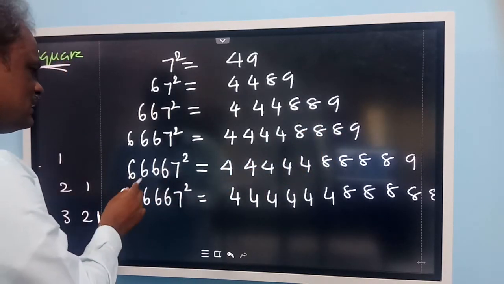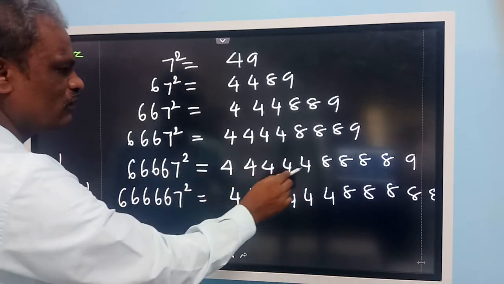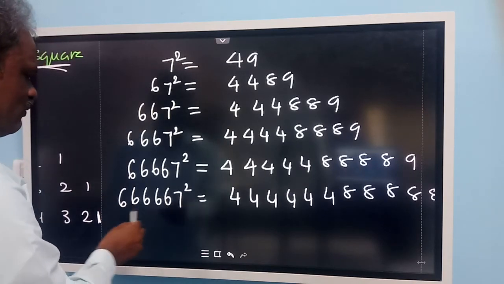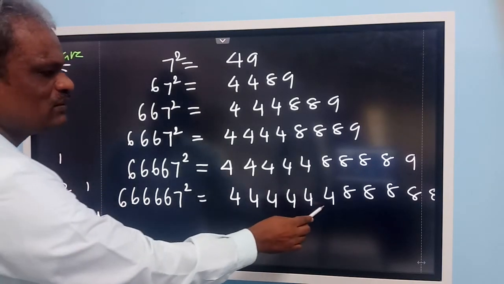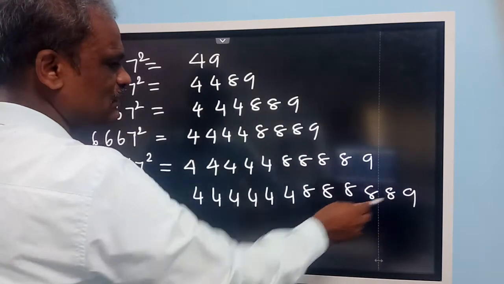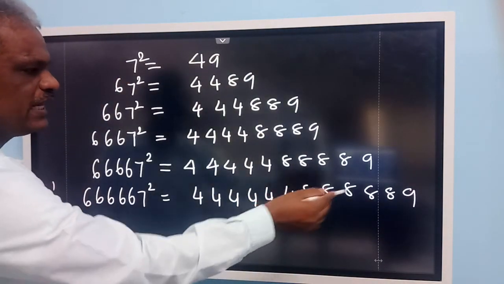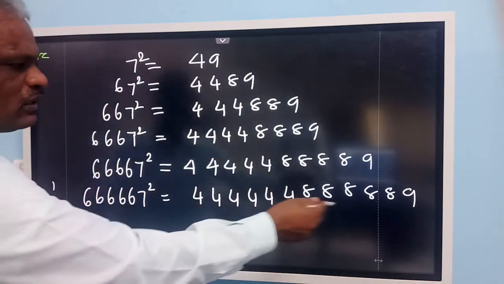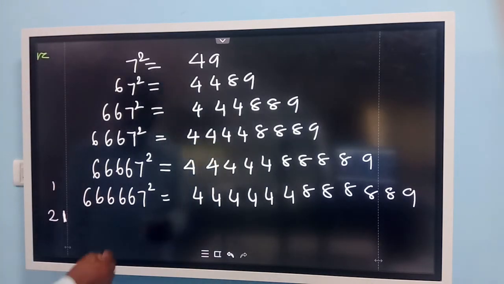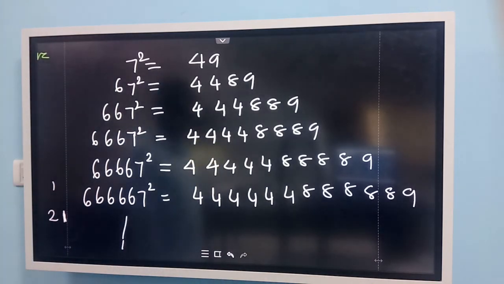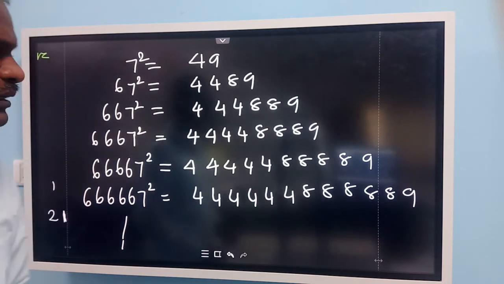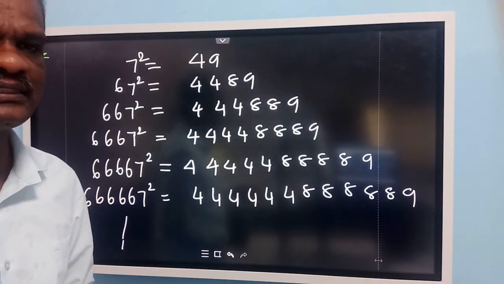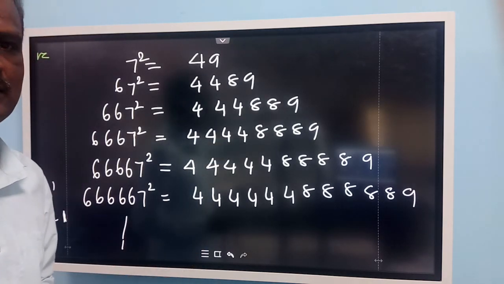Like this, 66,667 square has 4 repeated, then 8, then 9. Only 4, 8, 9 is repeating here. For 6, 7 like this, if you increase, you are getting only the digits 4, 8, 9 repeating. So this is another interesting pattern related to square numbers. You can find many types of square numbers with a beautiful pattern. Okay, so this is related to the patterns of square numbers.